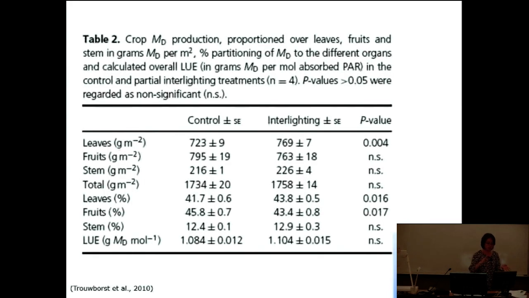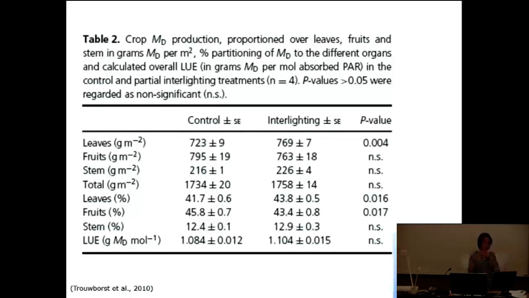So the light quality change inside the canopy clearly altered the biomass distribution. It improved the photosynthesis and the light environment in the microclimate, but altered the allocation of biomass from the leaves to the fruit.